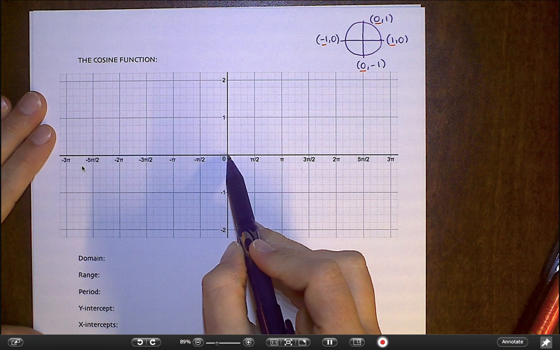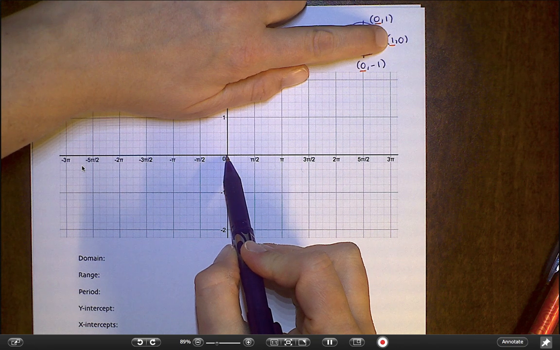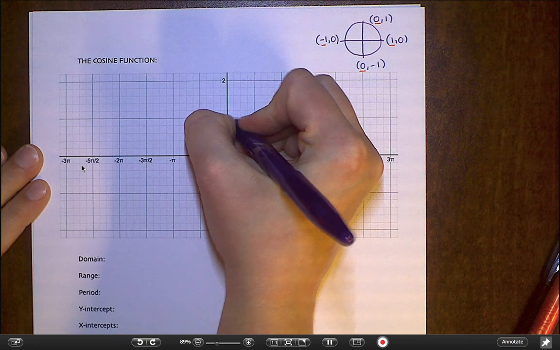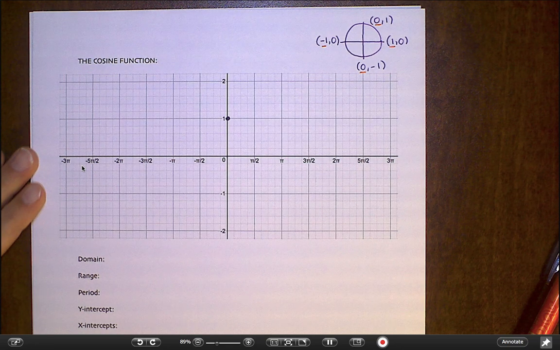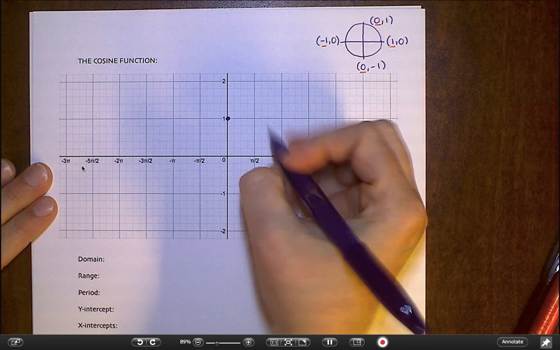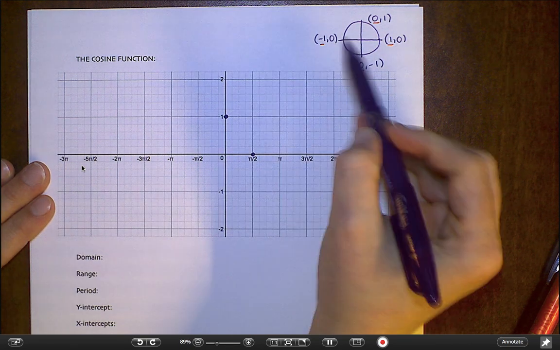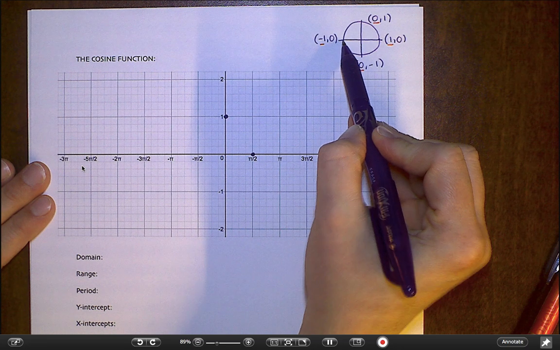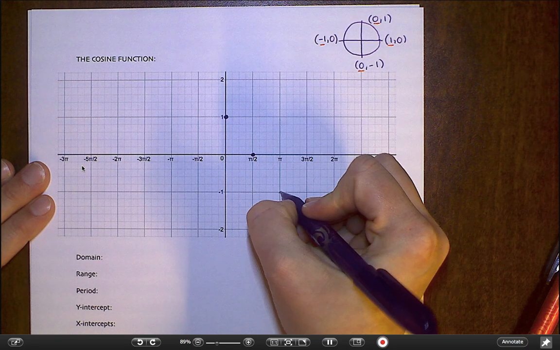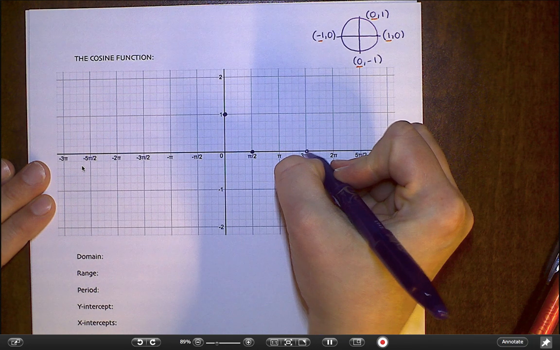So when I start at 0 radians here in the corner, my cosine value is actually a 1. So this time I'm starting up here, right? When I go up to pi over 2, my cosine value has become a 0. So at pi over 2, I'm down at 0. When I go to pi, my cosine is negative 1. And then at 3 pi over 2, I'm back at 0.